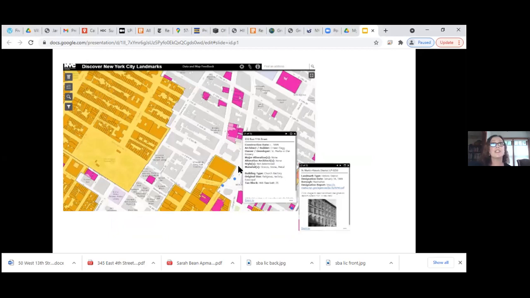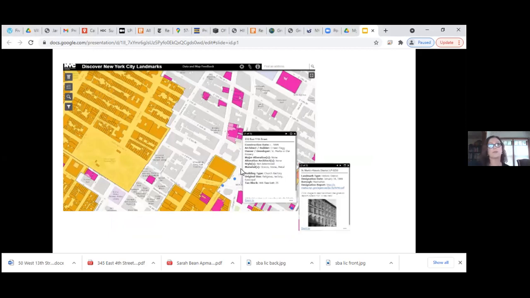In addition to showing what is landmarked, this map also shows you on each of the buildings or sites dates of construction, architect, original owner, style, major alterations and use. It also provides a link to the designation report or reports.